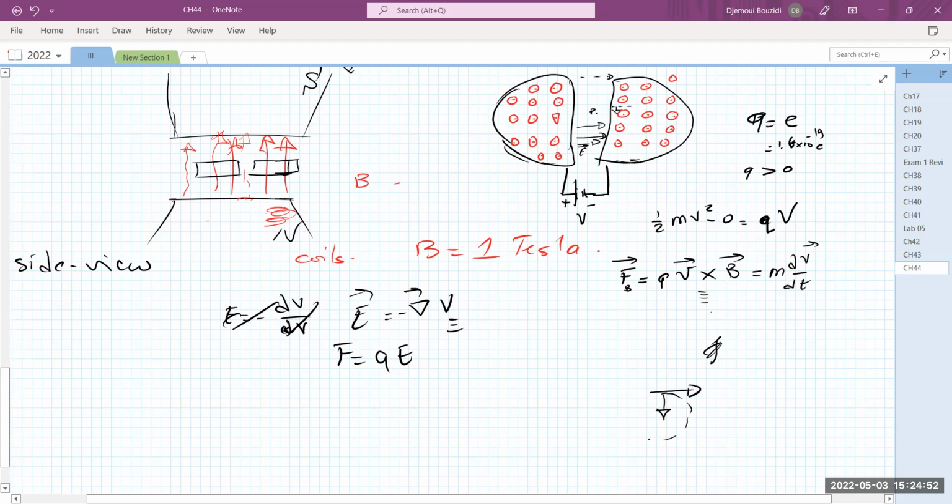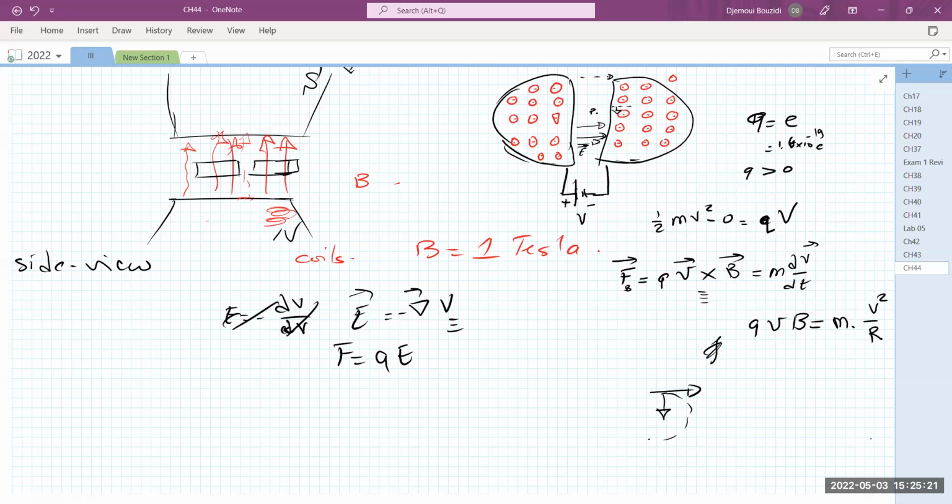If I apply Newton's laws of motion, this is going to be QVB, because V and B are perpendicular. Remember, V is actually inside the screen, the way I drew it, and B is coming out of the screen, so they're perpendicular to one another. So sine of 90 degrees is 1. Then this must be equal to m times the acceleration. In this case, the acceleration is v squared over r, because I have circular motion.